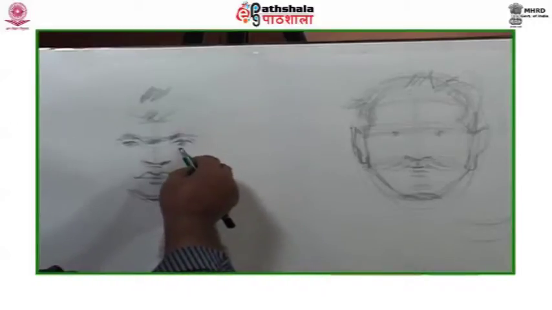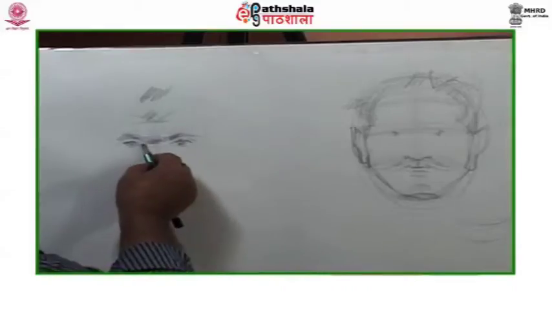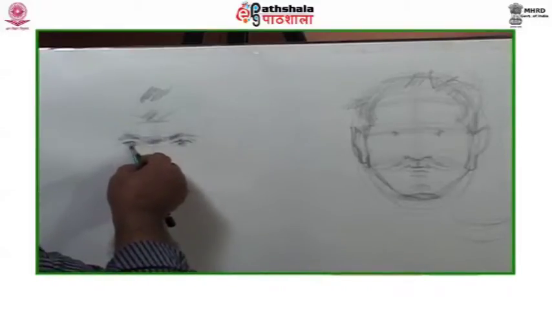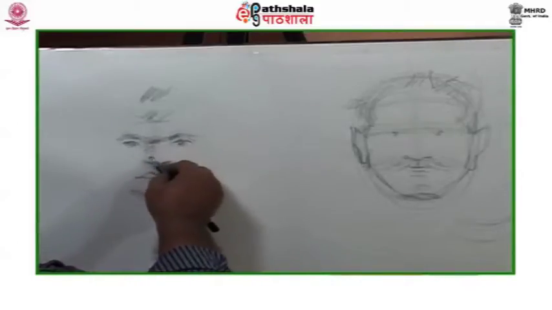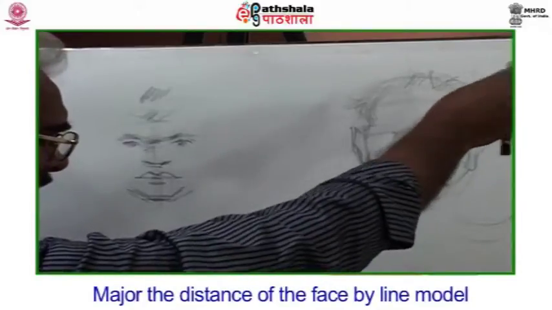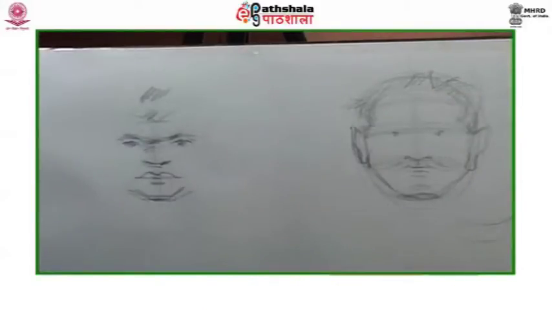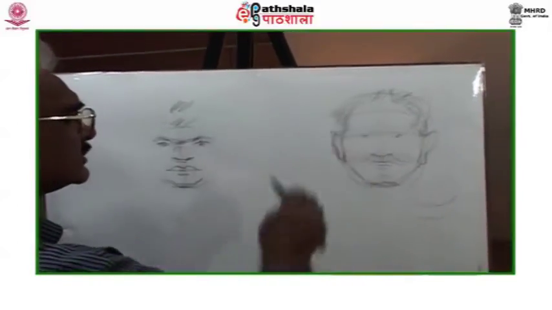I will draw the ears. Half close your eyes and measure the distance of this area. How far are the edges of the face from the corner of the eye?